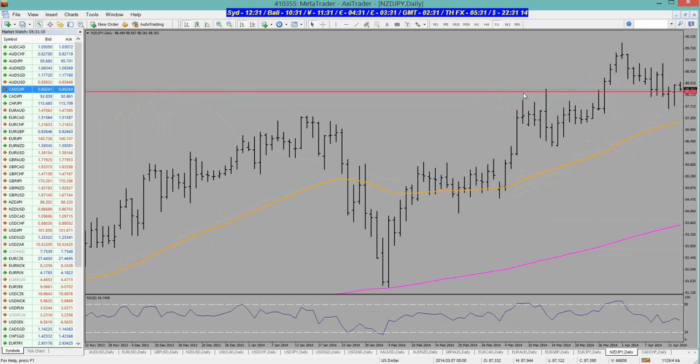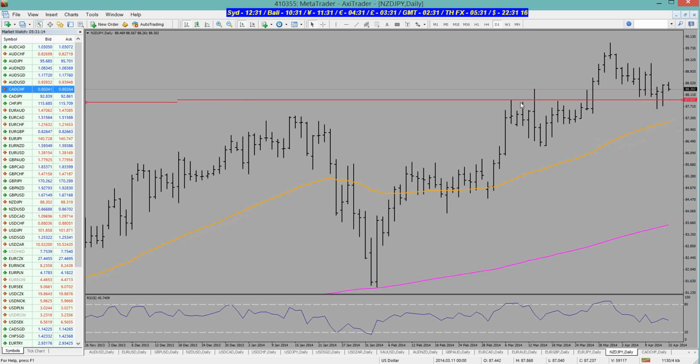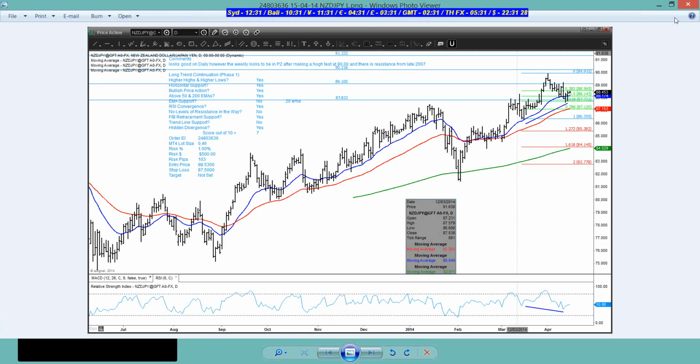One more thing: I think that was the level, and this is test breakthrough. You don't trade the break, you trade the retest, and that's the retest. That's what I'd be looking at. But good work, good analysis.